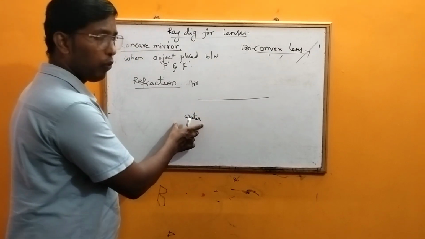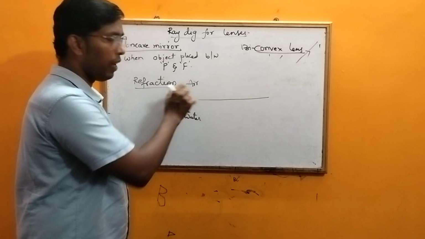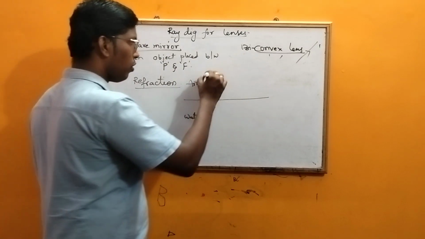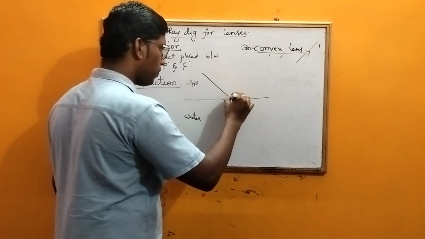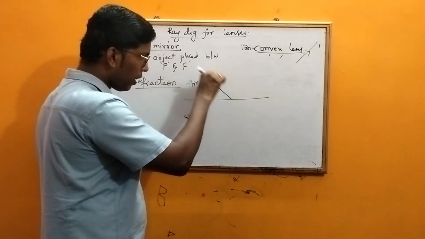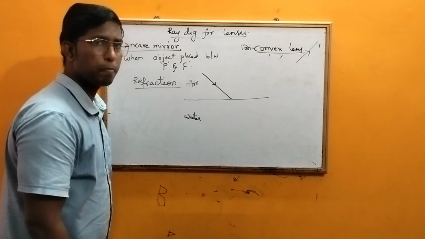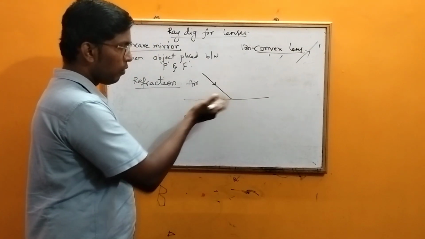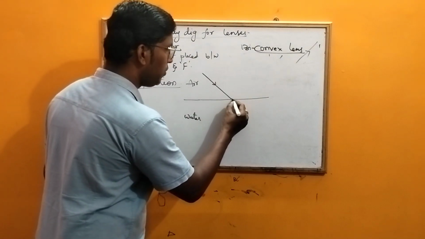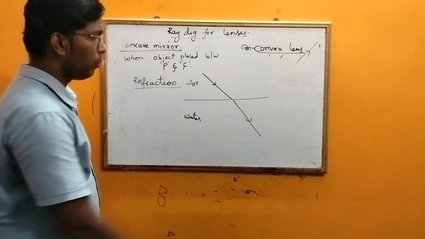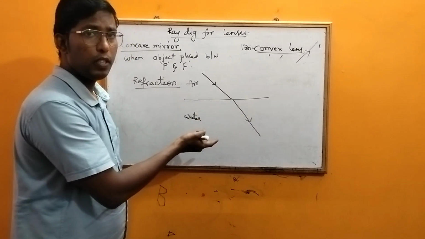We know that water is denser than air. Air is less dense than water. Consider that the incident ray is passing from air to water. When it falls on the surface of the water, what happens? It bends and travels. It will not travel straight. Why? Because the medium is changed.